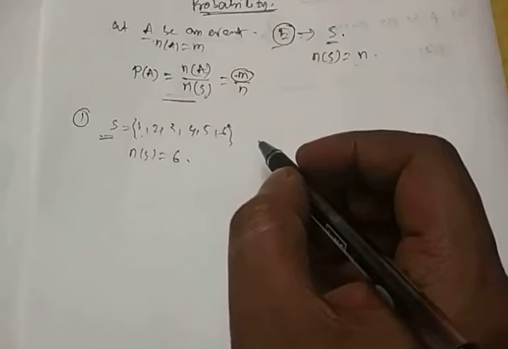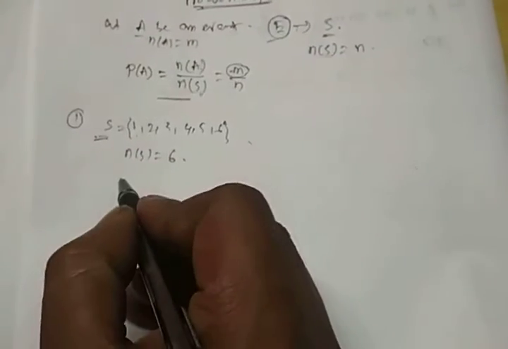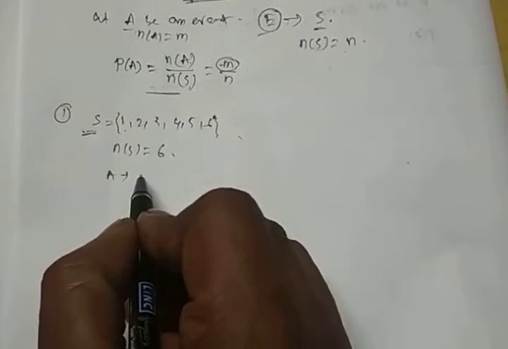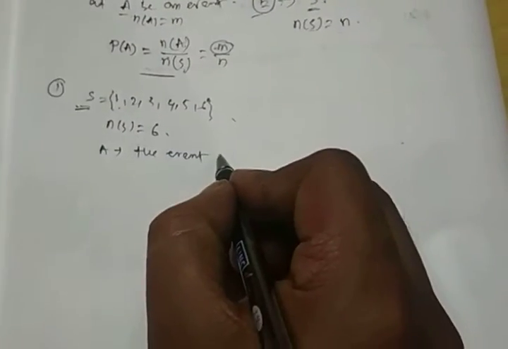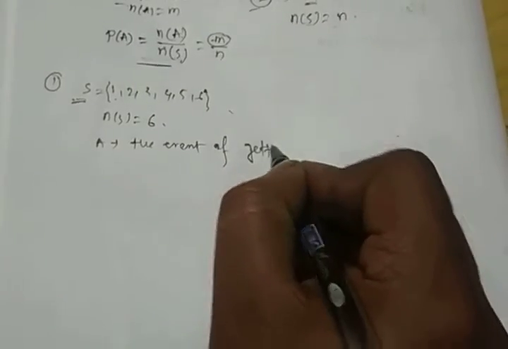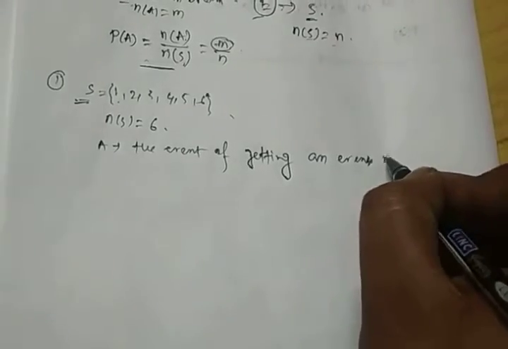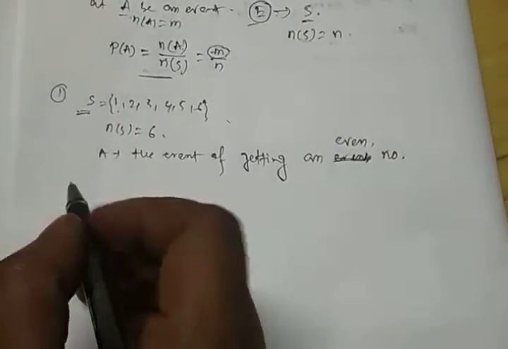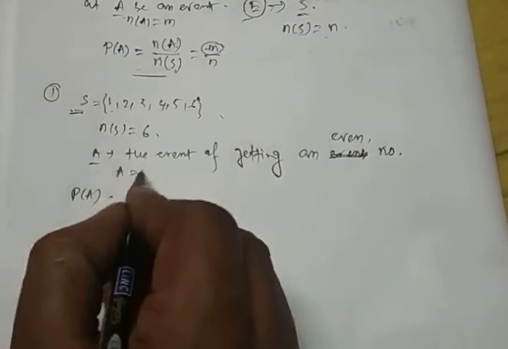Now if I have to find the probability of getting an even number, we will take an event A, which is the event of getting an even number. So we have to find P of A. Now A is the event of getting an even number, so A will contain the favorable points.